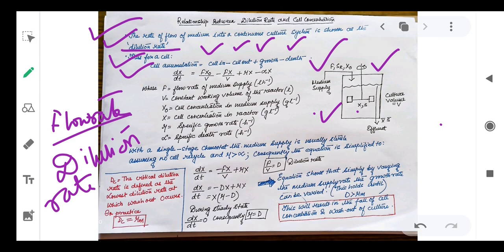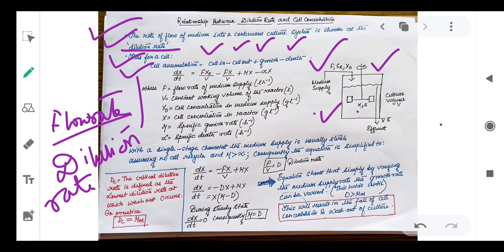So if I move into the derivation, dx by dt is the rate of change of cell concentration per time. I have to take dx by dt because in every interval of time the cell concentration is changing, because it is an open system.